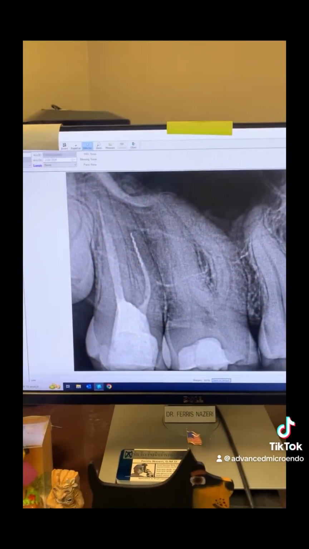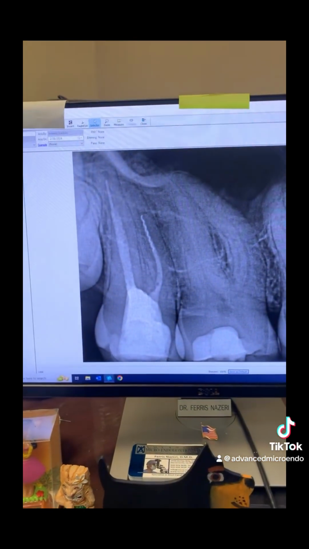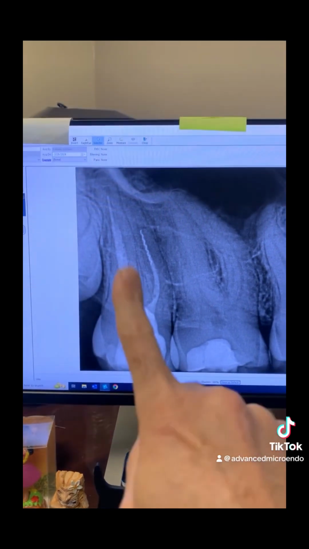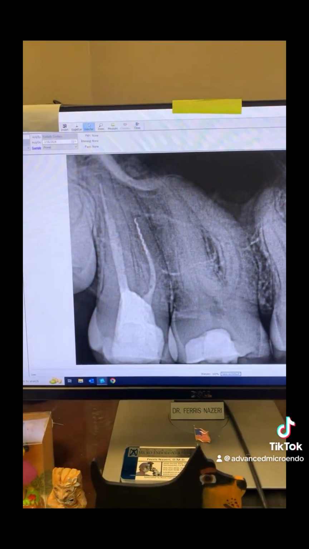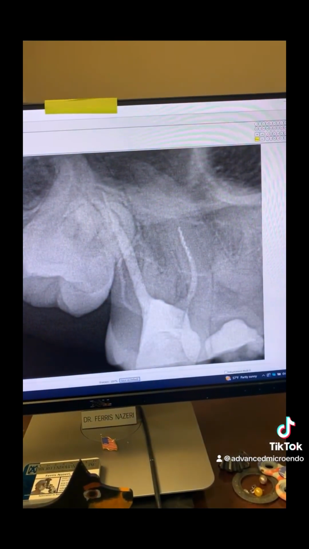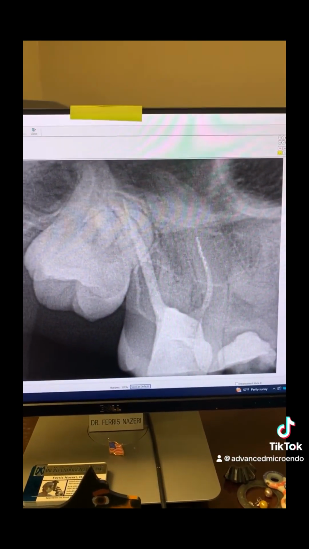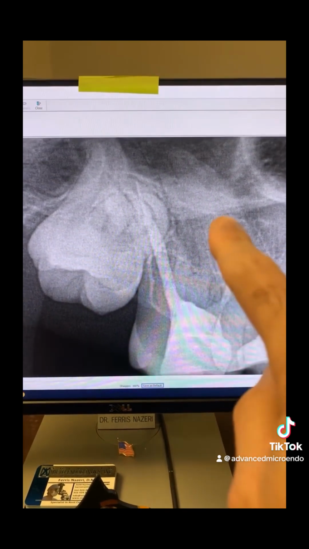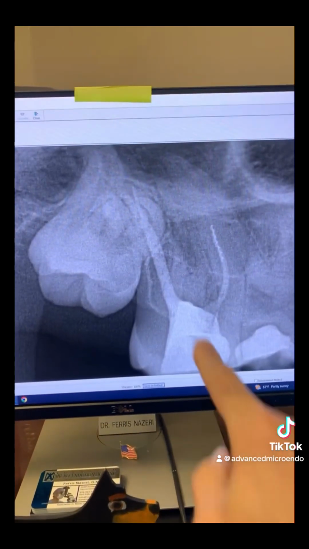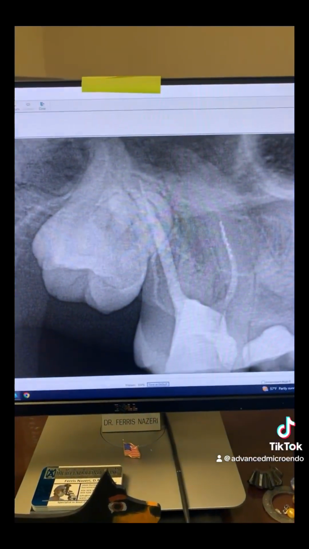What do I always tell you guys? Never, ever, ever rely on just one x-ray, one PA, to make a diagnosis. Remember that? All right, so let's take a look at another angulation here. That's the broken lentulo right there. That's the palatal canal right there.